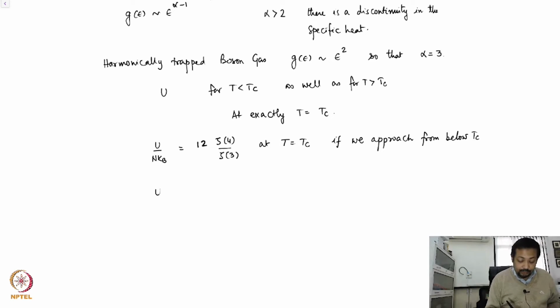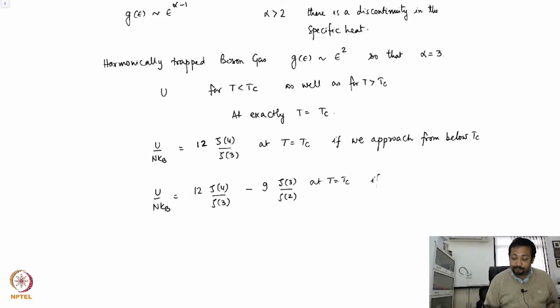In contrast, U over N k_B was 12 zeta 4 divided by zeta 3 minus 9 zeta 3 divided by zeta 2 at T equal to Tc if we approach Tc from above, which means from temperatures T greater than Tc, and the other means temperature below, T less than Tc.